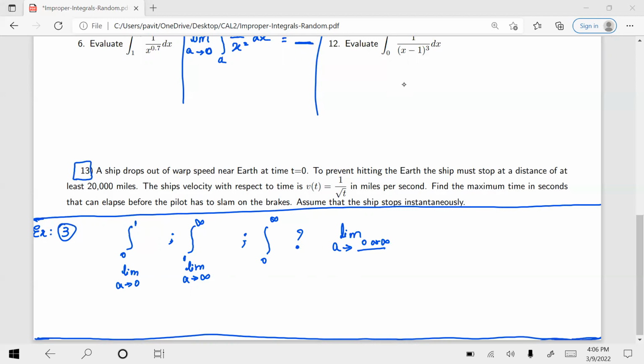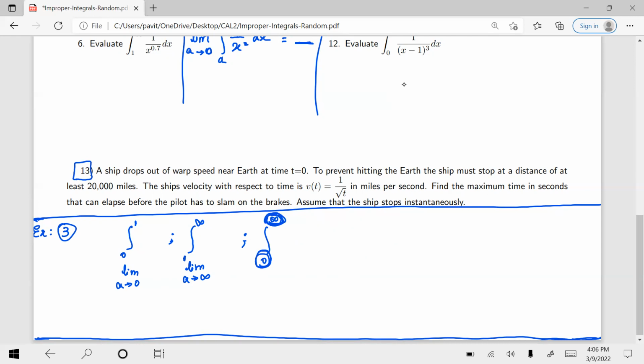Hmm. Yes, it will be infinity. Why? Because it is unbounded. I can have a limit at 0, that is not a problem. But I cannot have a limit at infinity. That's the main problem I have to change.